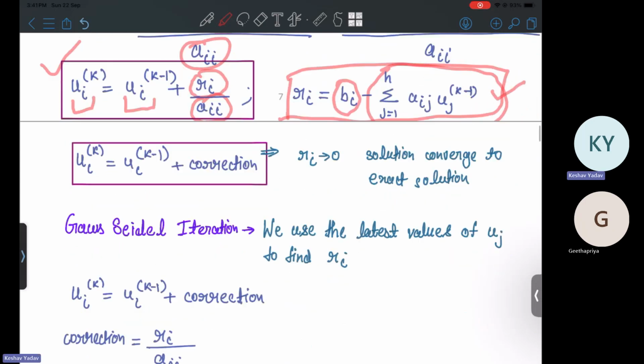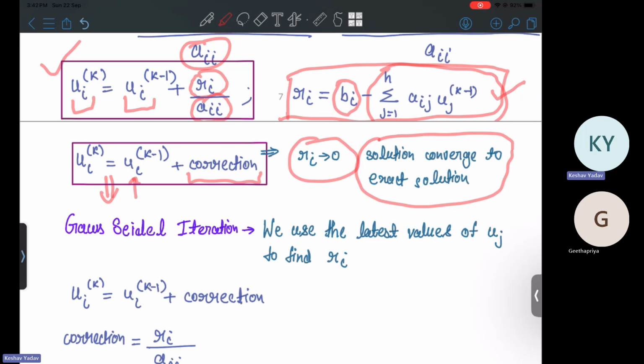So this can be written as ui equal to ui at the previous iteration plus some correction. When this residue goes to 0, then this correction will also go to 0. Then in that case, our solution will go to the exact solution. Okay.